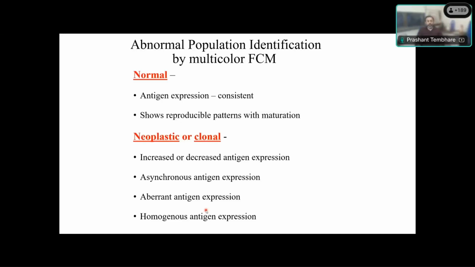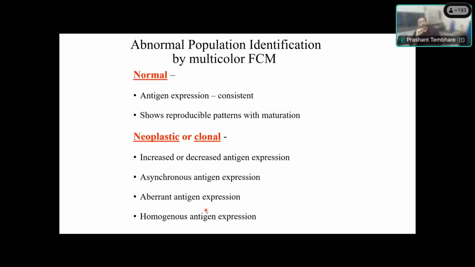Now, how do we call something normal? Because in all normal individuals, when you study this cell, the antigen pattern is consistent and reproducible. Now when you call something abnormal or neoplastic or a clonal pattern, you have an antigen with either increased or decreased intensity of expression, there is asynchrony between two proteins, or there is aberrant antigen expression.